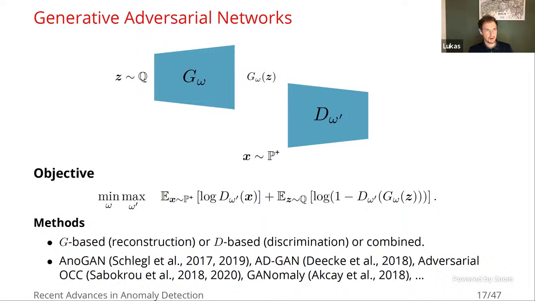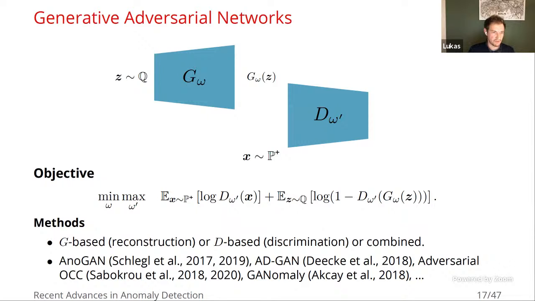One category would be methods based on GANs. What these methods do is train the generative model on the unlabeled data.